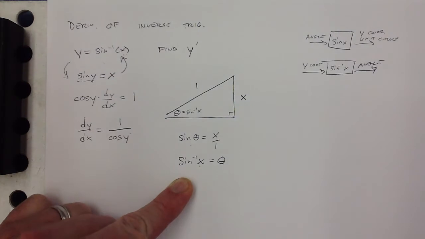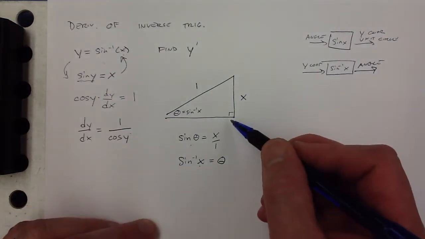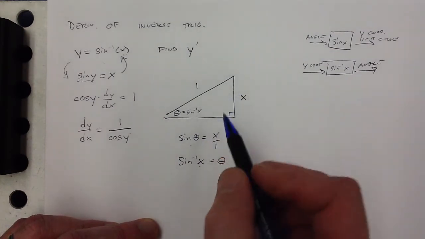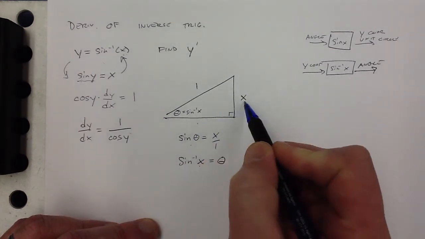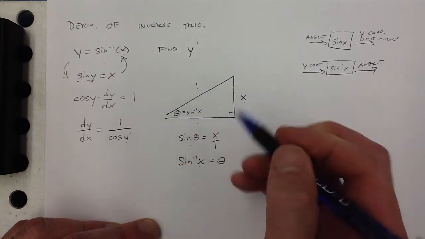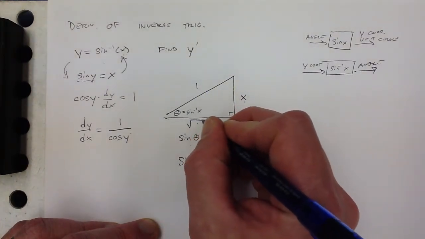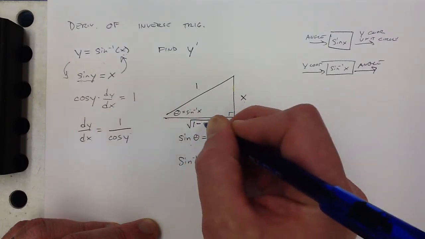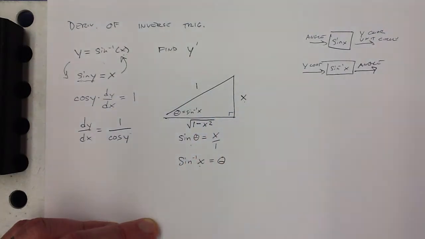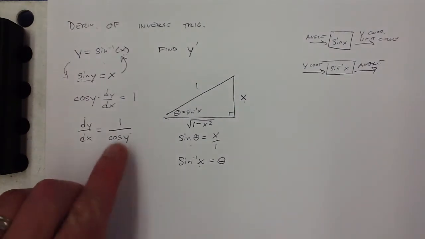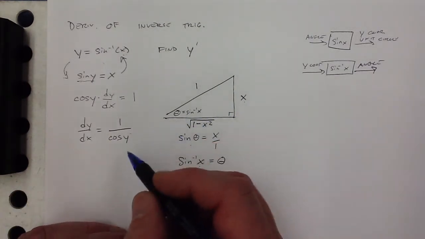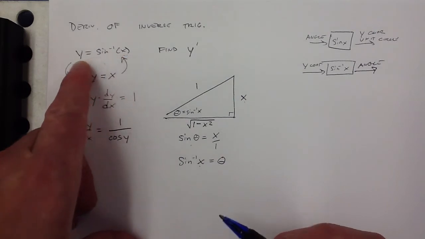That is that angle. Using the Pythagorean theorem, we could figure out that this other side of this triangle is, let's see, this squared plus this squared would have to be equal to this squared. So doing a little bit of simple algebra, this comes out to be the square root of 1 minus x squared. And now I want to know what the cosine of this angle is, right? y is sine inverse of x.